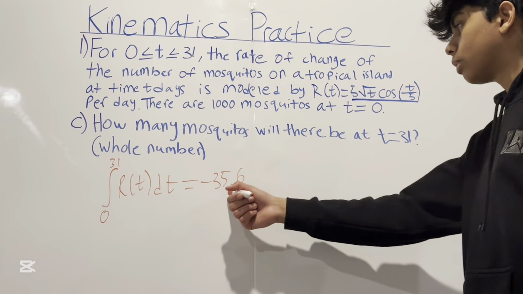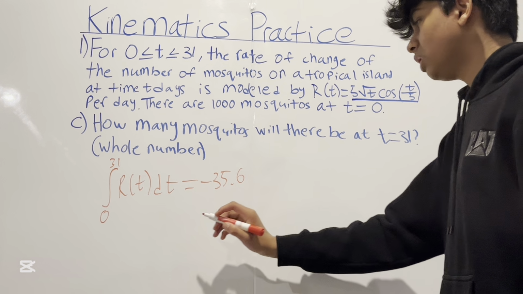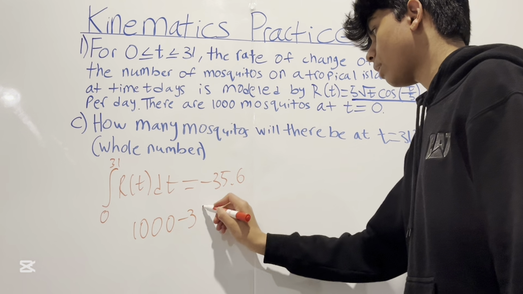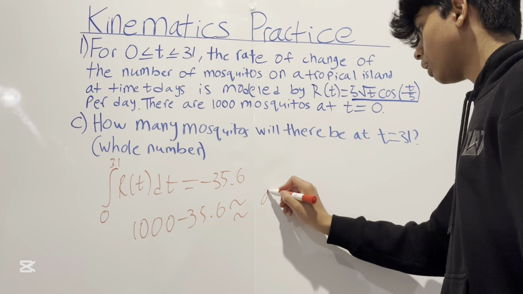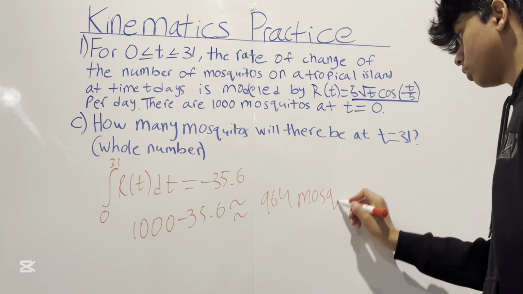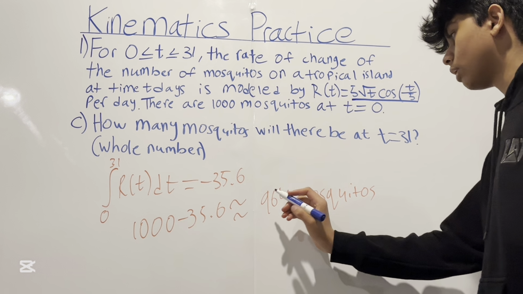So we have to add 1,000 to this number, because that's how many there were originally. So 1,000 minus 35.6 is estimated to be around 964 mosquitoes. And this is our final answer.